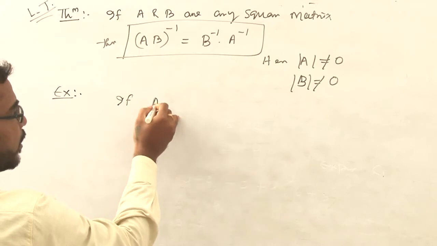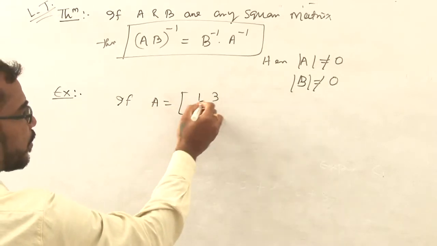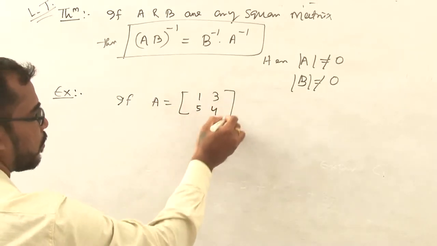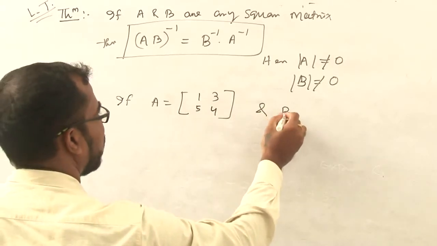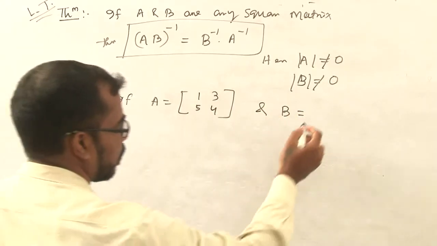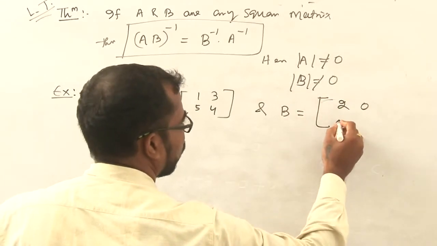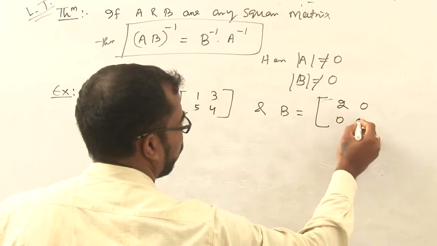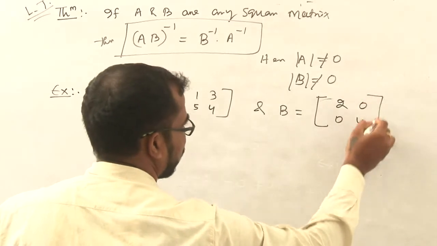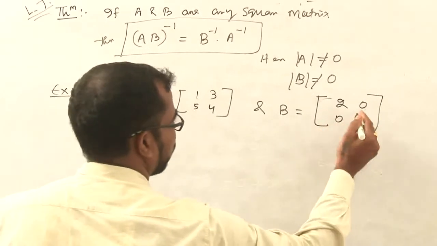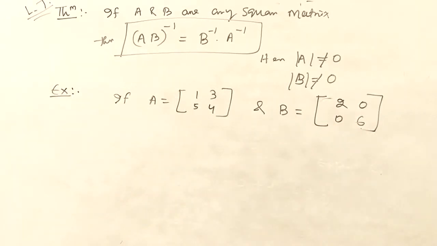If A is equal to [1, 3; 5, 4] and B is equal to [2, 0; 0, 6].